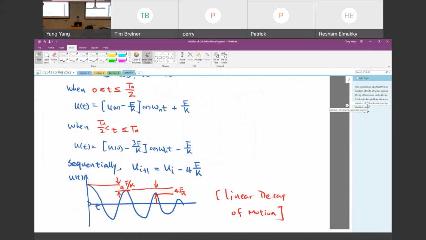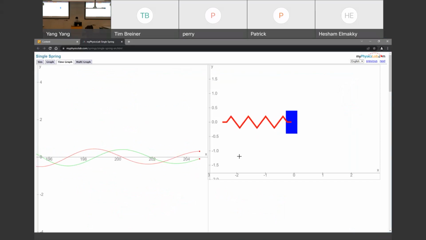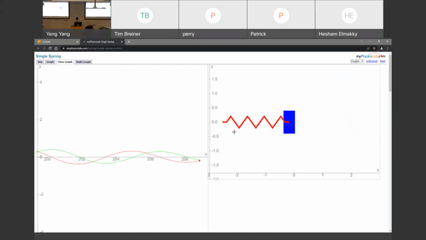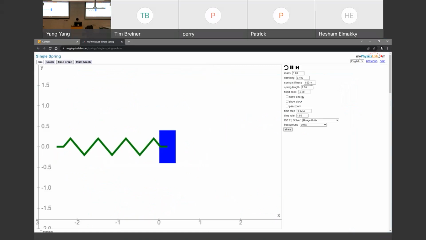Oh, you mean for the viscosity compensation? Okay, very good question. For critically damped and overdamped systems, you will see the response over here. For example, if we would like to have a critically damped system, we just change the damping ratio equal to 1.